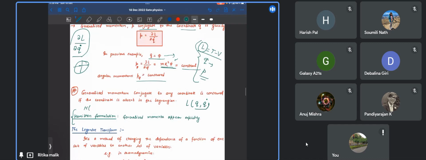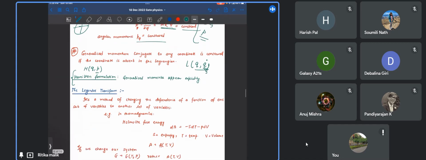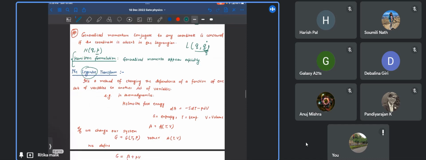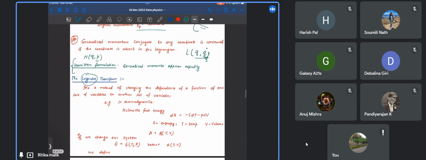So we have to change from q dot to p. Whenever you change one of your variables, you always use Legendre transformations. What the Legendre transformation does is it changes your q dot to p and gives you a condition for how you can derive your Hamiltonian from your Lagrangian.